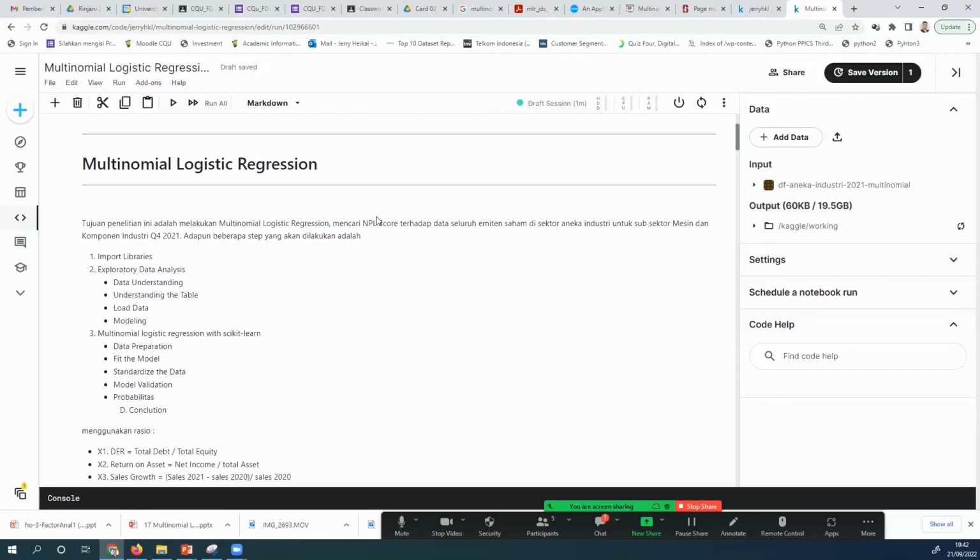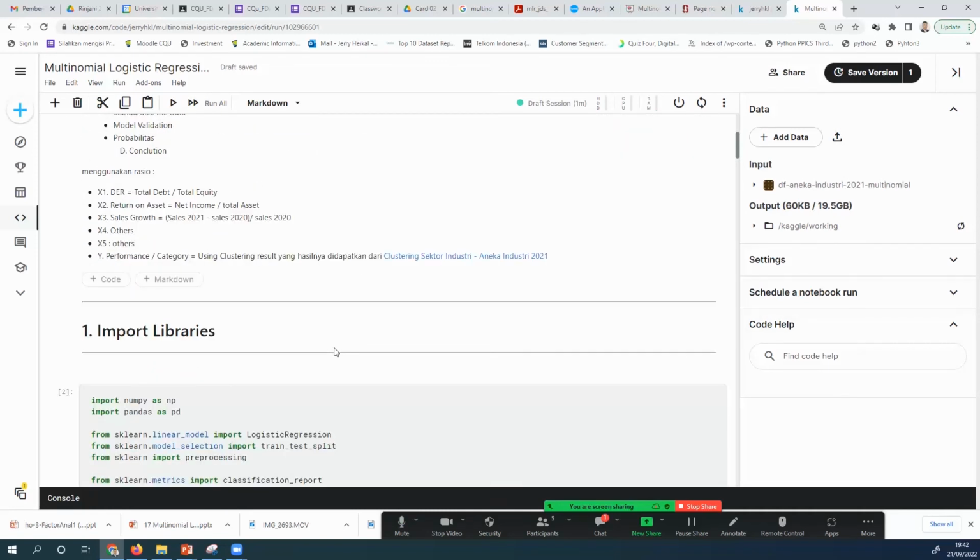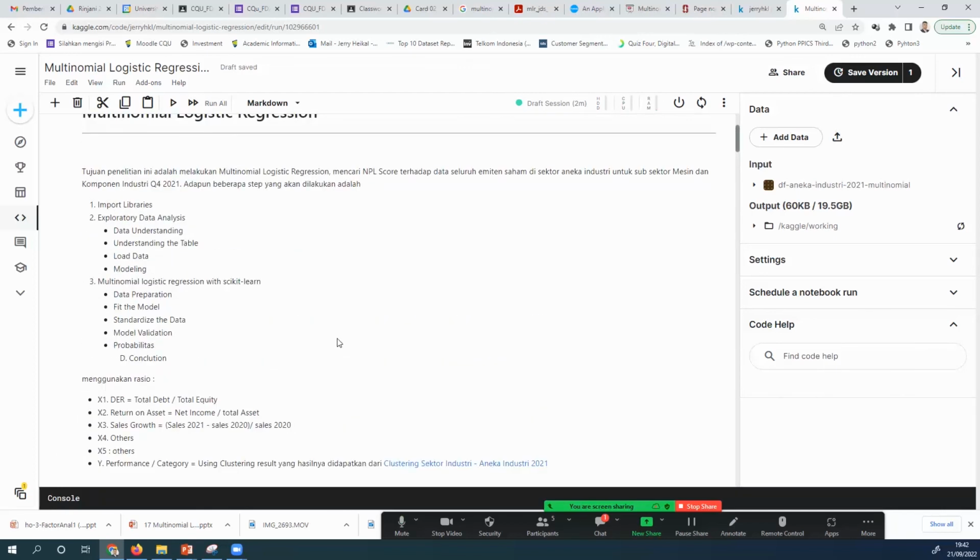Or, you can do it also with the clustering result, whether it is highly effective: 1 is highly negative externalities, 2 is negative externalities, 3 is neutral, 4 is positive externalities, 5 is highly positive externalities. That can also be done.